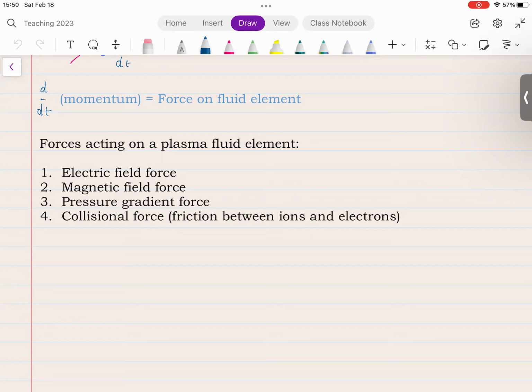Now that's going to give me terms such as viscosity and resistivity, in particular in the momentum equation. This is going to give me viscosity. Resistivity is going to come in for the equation for, let's say, in the Maxwell's equation, it's going to come in through Ohm's law. But viscosity is typically not very important.